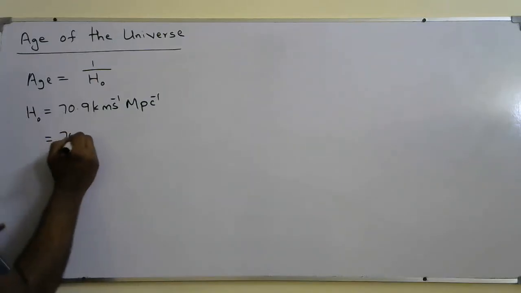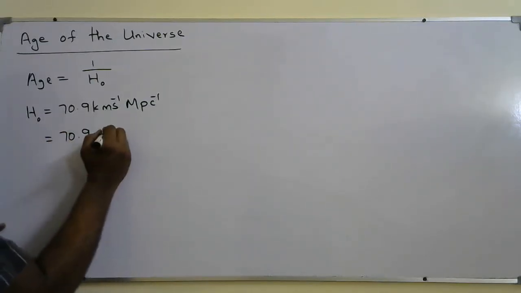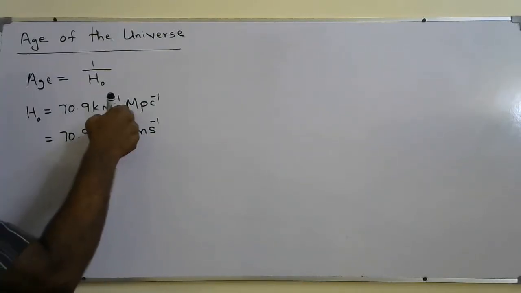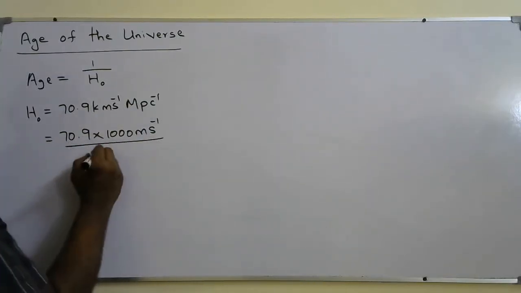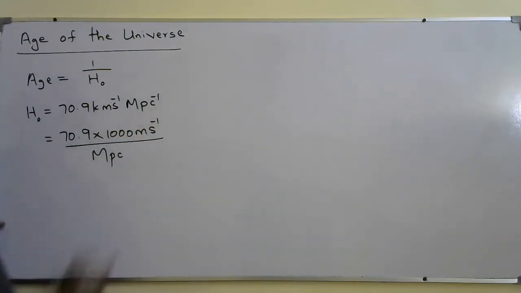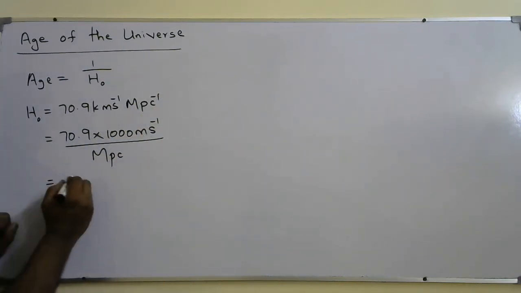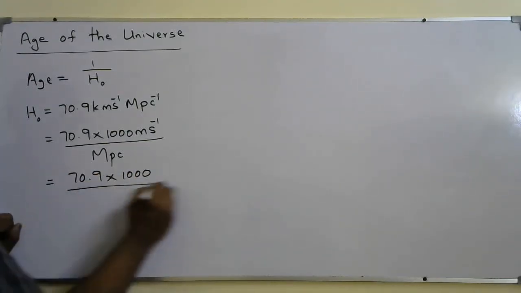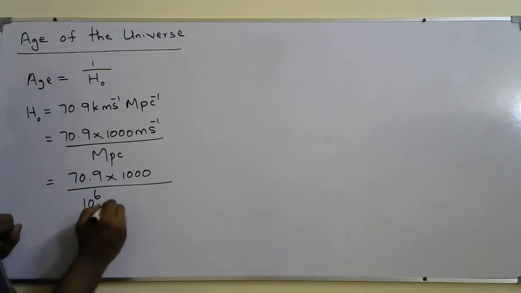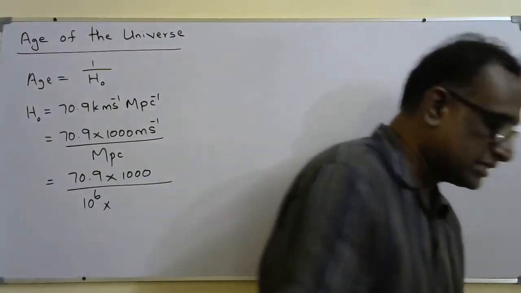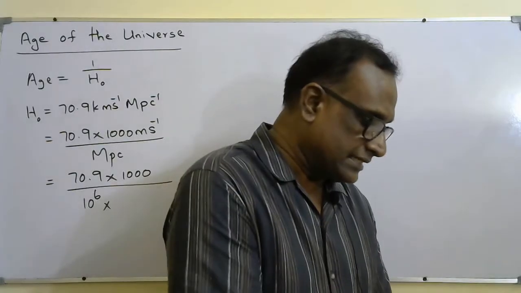That means 70.9 kilometer, so 1000 meter per second per megaparsec. Megaparsec means per mega, with an index of minus 1, so 1 over megaparsec. So convert this 70.9 into 1000 meter, and mega is 10 to the power 6. 1 pc will be given in the question paper whenever they ask this question.